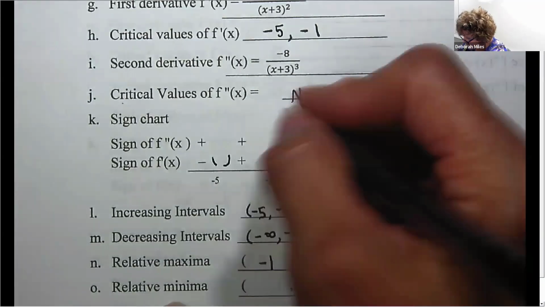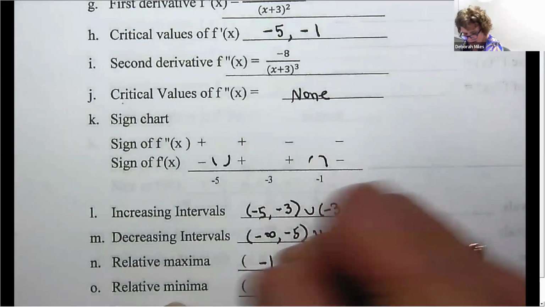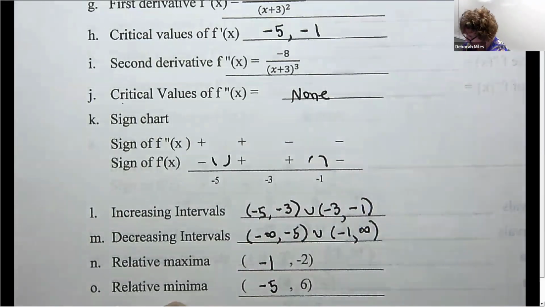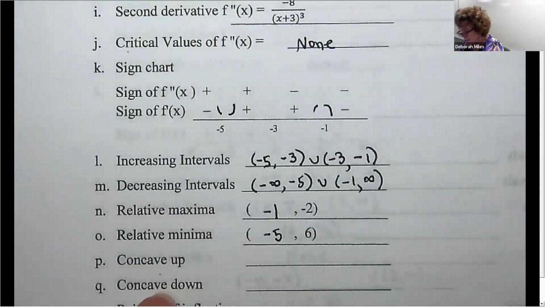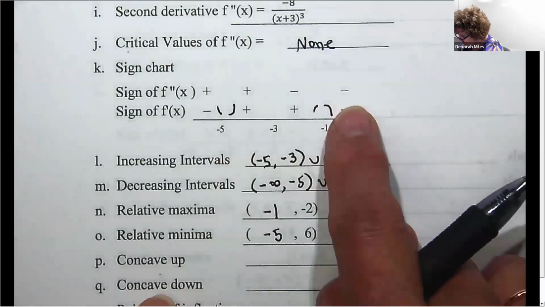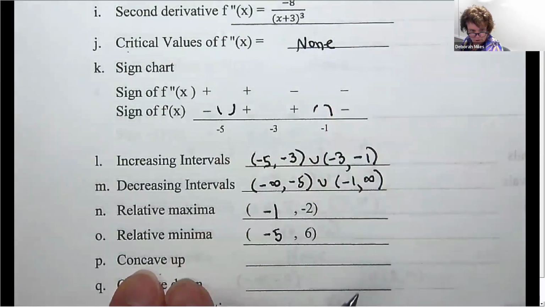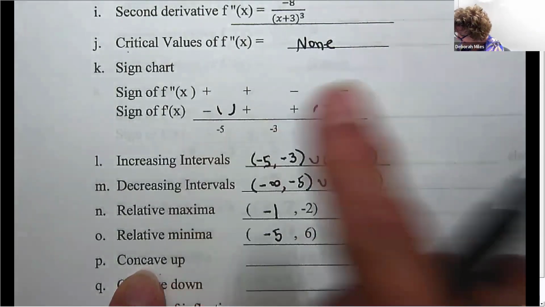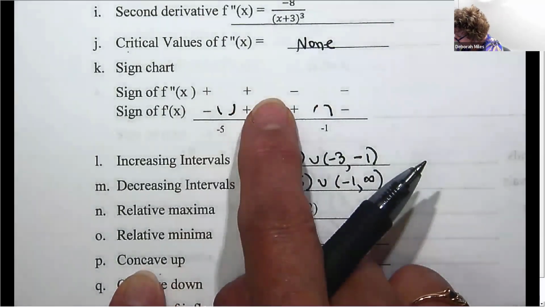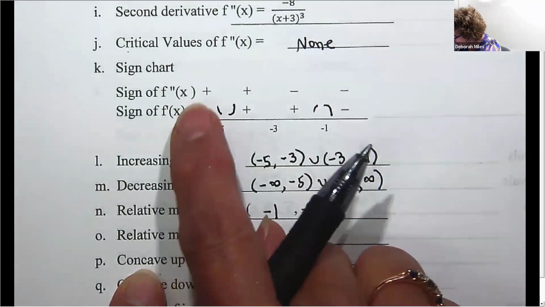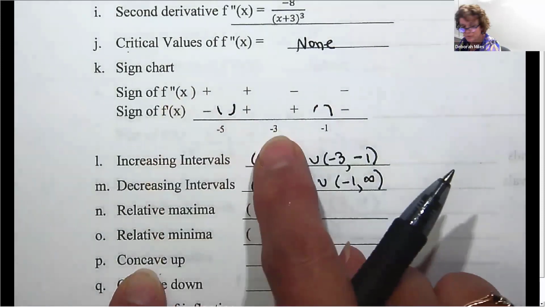So that happened at -5. And when I put -5 into the original function, I got +6 for the y value. For concavity, I'm going to look at the sign of the second derivative. The function's concave up whenever the second derivative is positive. So that's all the way from -infinity to -3.